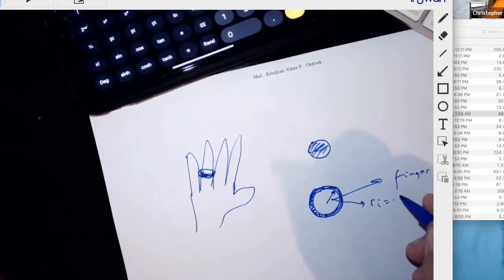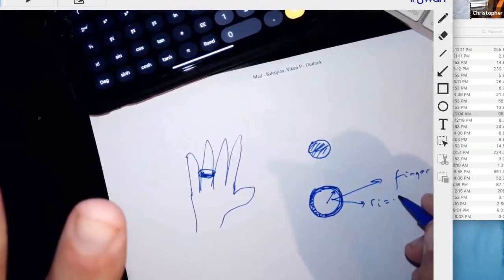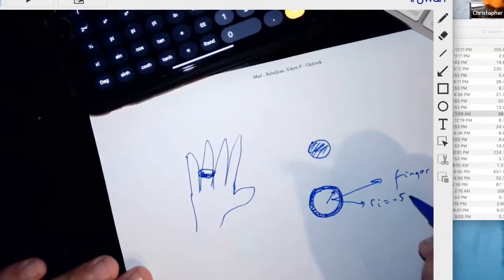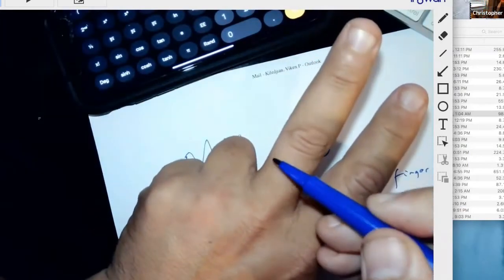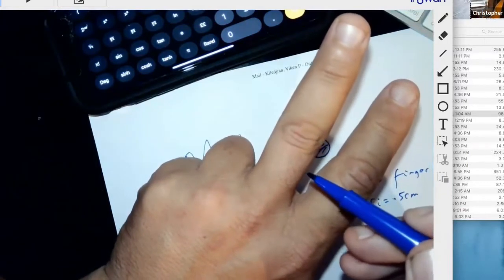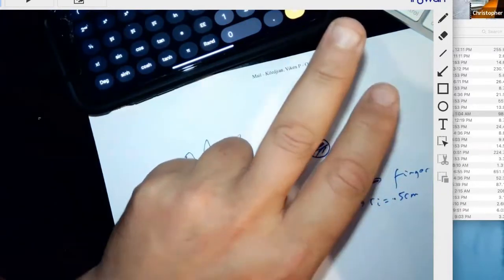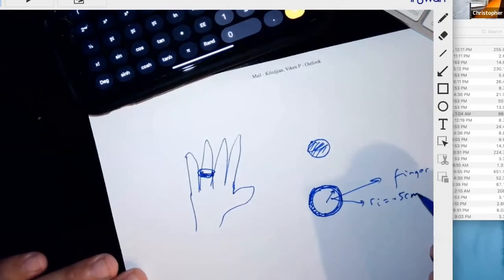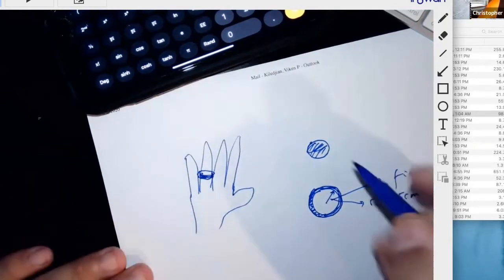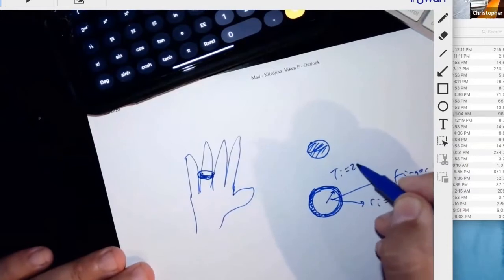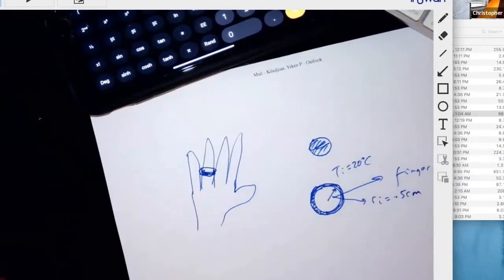What's typical finger radius? Probably 0.5 centimeter. I'm just checking my finger here. Yeah, from here to here is probably a centimeter. So the radius would be 0.5 centimeter, right? So now, let's say the initial temperature is 20, and I can't take it off.